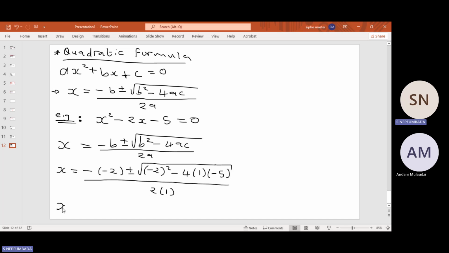Then you press everything into a calculator. So here you get x equals 3.45, or x equals negative 1.45. Is it difficult?